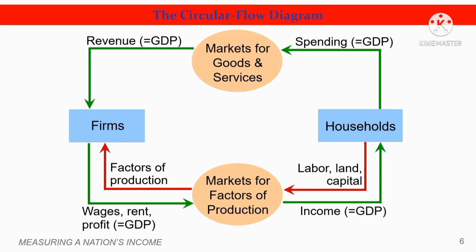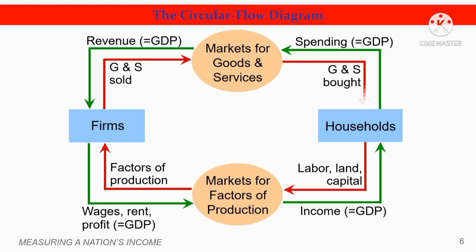Another market is the market for goods and services. So here, the transactions between firms and households occur. In the markets for goods and services, households are the buyers of goods and services, and firms are the sellers.